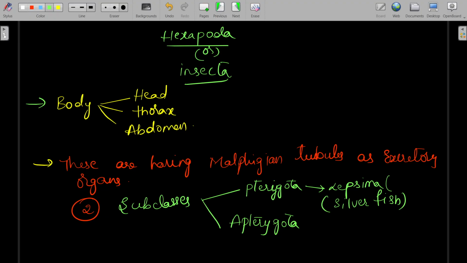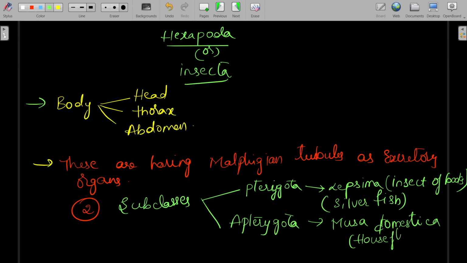When you open an old book, you can see a fast moving organism in silver color. So it is Lepisma, the insect of books. And an example of Apterygota is Musca domestica. This is the housefly. We all know this. Okay.